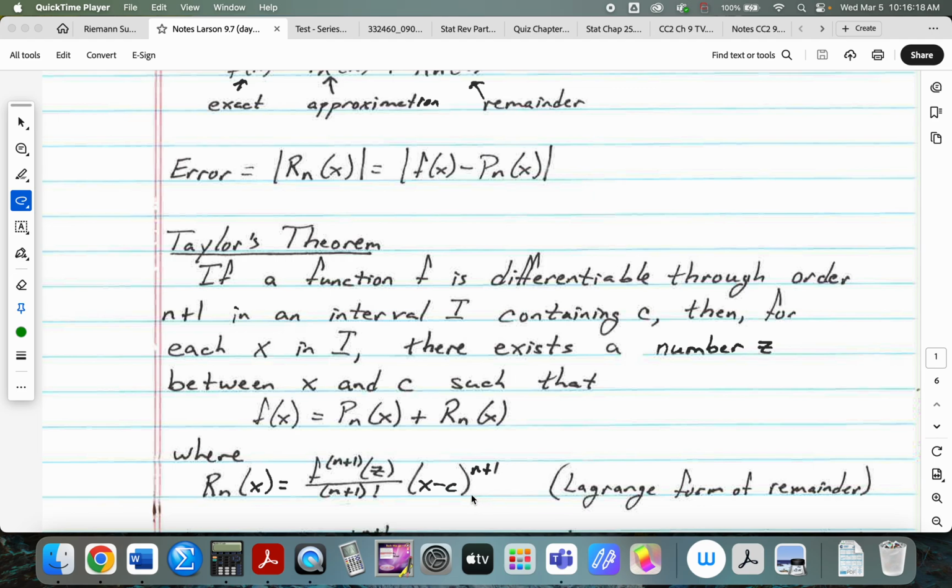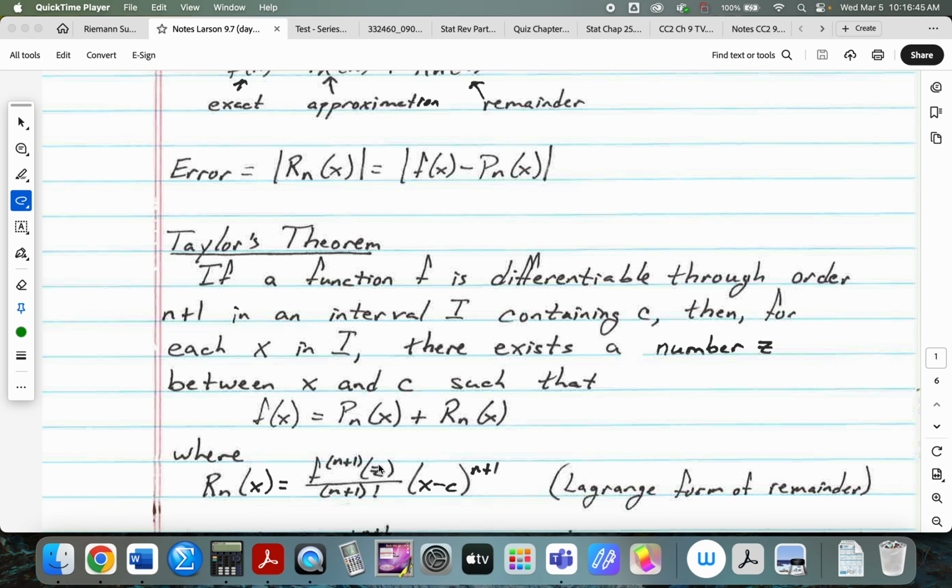Before we go on, let me point out that if this was the n plus first derivative at c over n plus 1 factorial times x minus c to the n plus 1, this would exactly be whatever the next term was. I'm sorry, if this was a c instead of z, right? That would just be the next term.